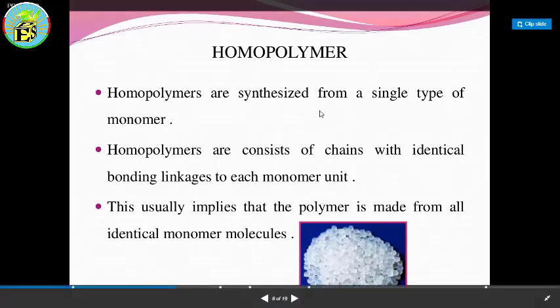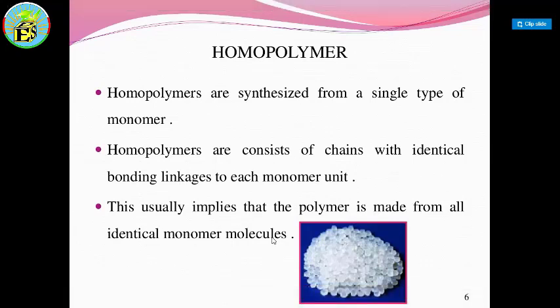Homopolymers are synthesized from a single type of monomer. They consist of chains with identical bonding linkage to each monomer unit. The bonding unit is the same. This usually implies that the polymer is made from all identical monomer molecules.